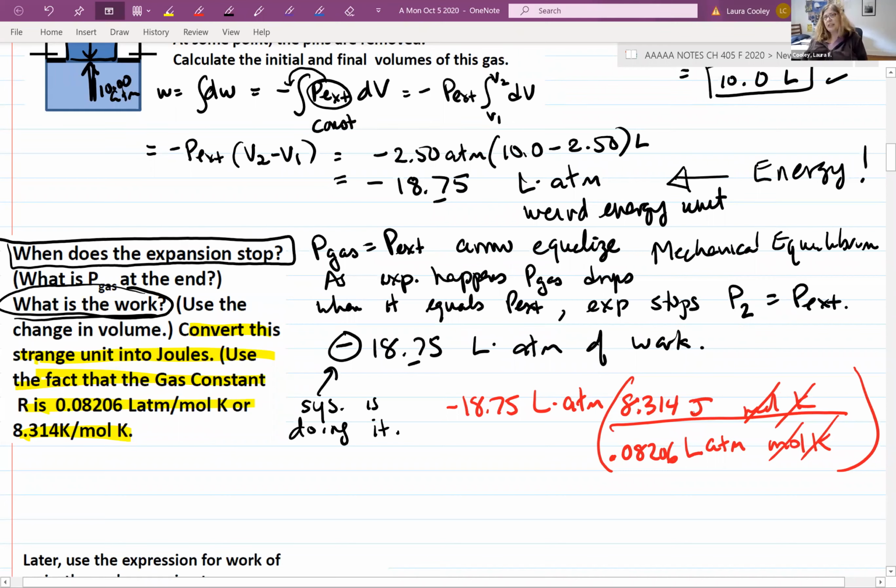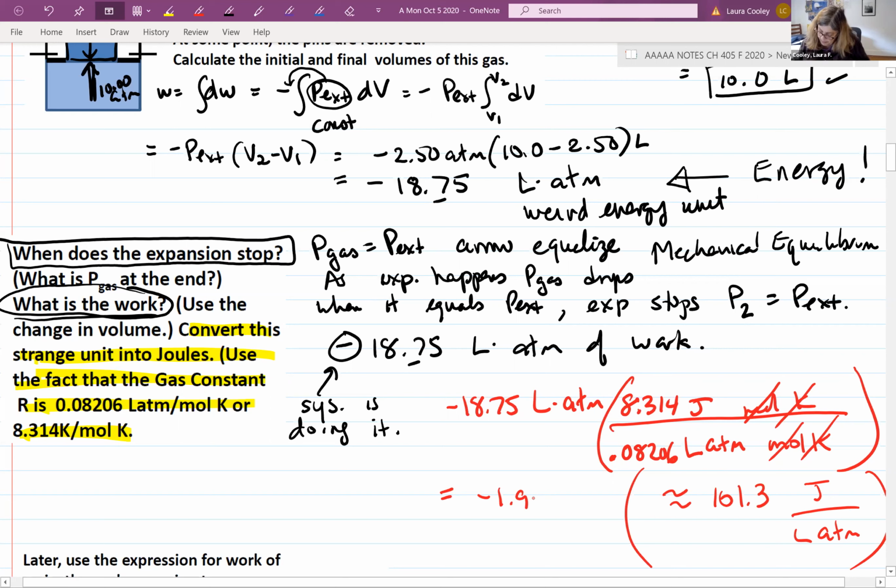That's the joules per liter atmosphere, which is about 101.3. But in any case, this comes out to negative 1.90.